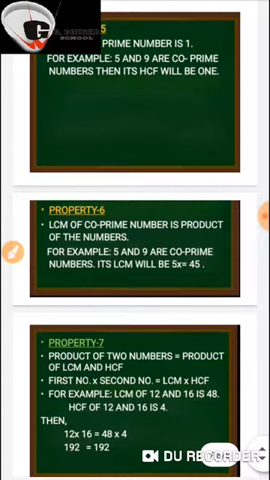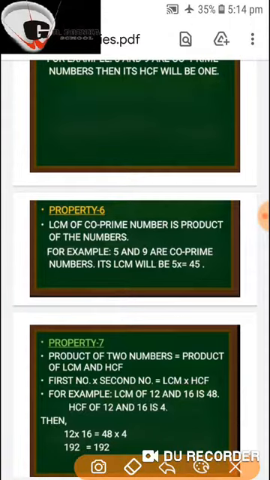The last property says that the product of two numbers is equal to the product of LCM and HCF. That is, if we have two numbers, the product of these two numbers is always equal to the product of their LCM and HCF. For example, you can see here on the screen that the LCM of 12 and 16 is equal to 48.